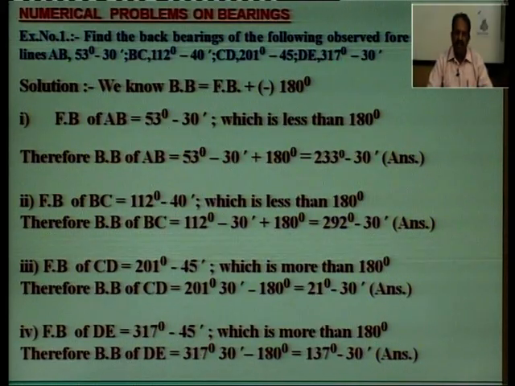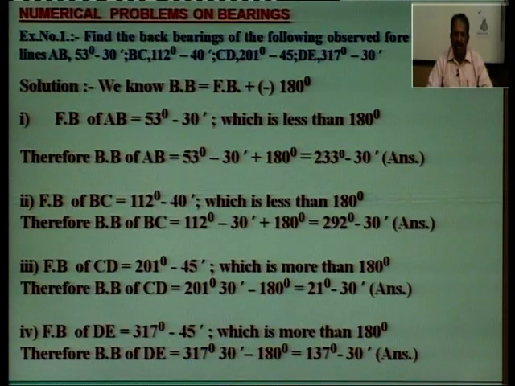In the second case, the fore bearing is 112 degrees 40 minutes, which is again less than 180 degrees. We find the back bearing by adding 180 degrees to it, and that comes out to be 292 degrees 40 minutes. In the third case, the fore bearing is 201 degrees 45 minutes, which is more than 180 degrees.